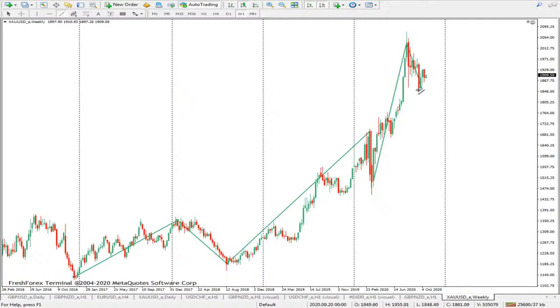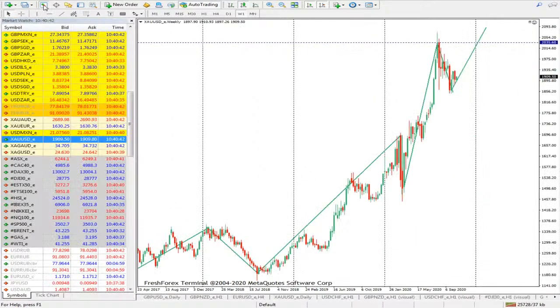So should the price continue up, the ideal place to look for a buy from is after breaking beyond this resistance level. If the price is to continue upwards, the best place to look for a buy is if it closes beyond the resistance level which we have at this point, 2035.60.